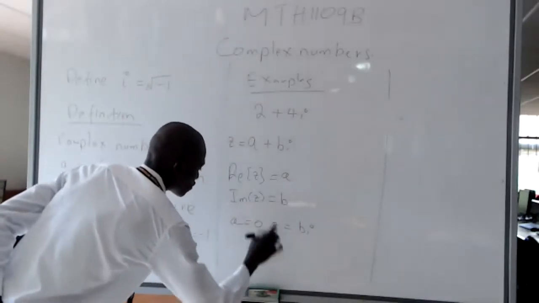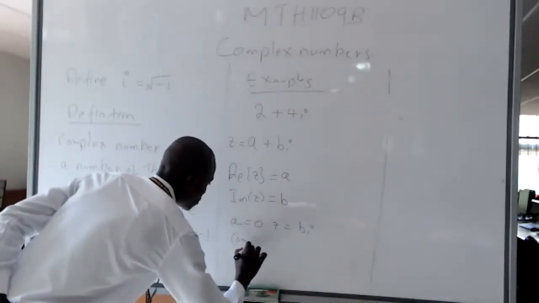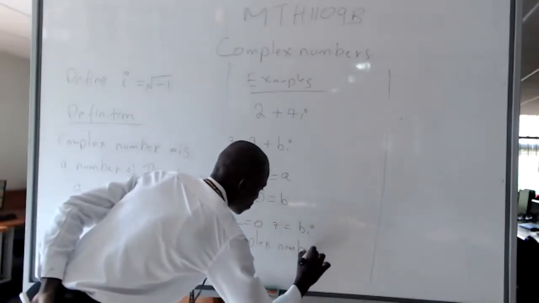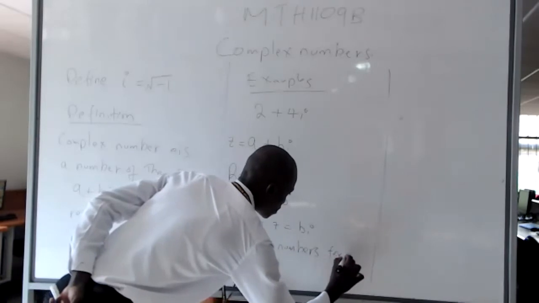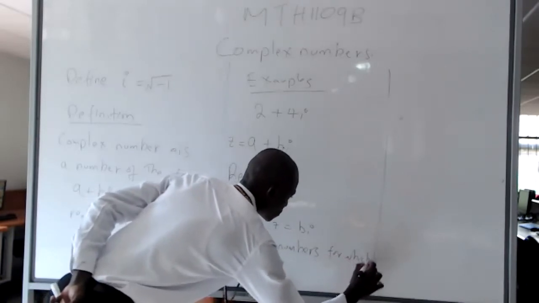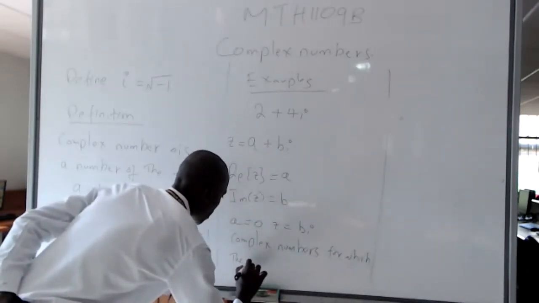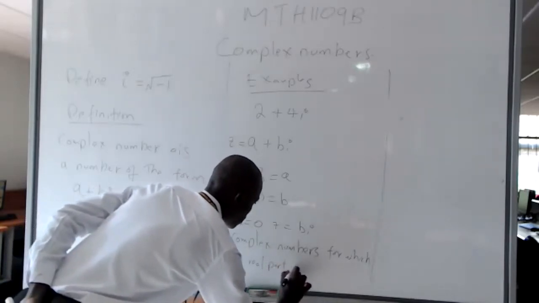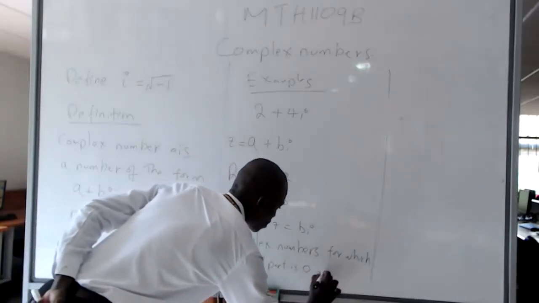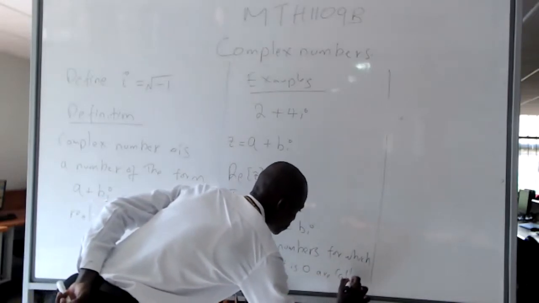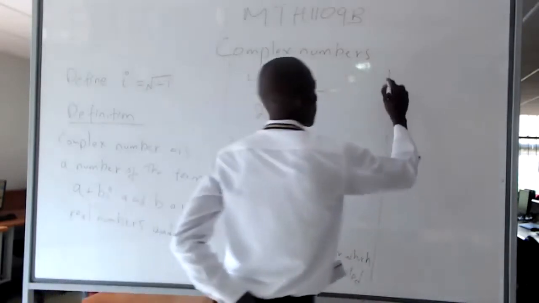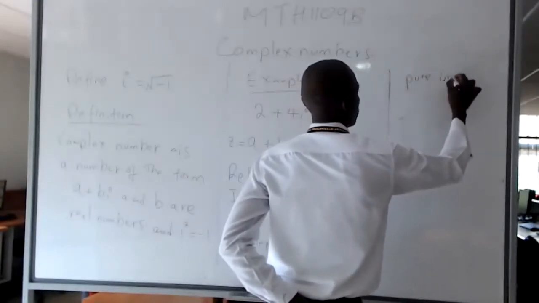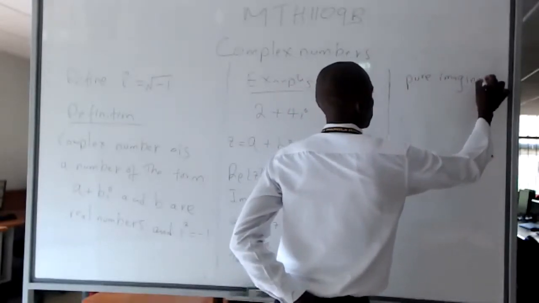So complex numbers for which the real part is 0 are called pure imaginary numbers.